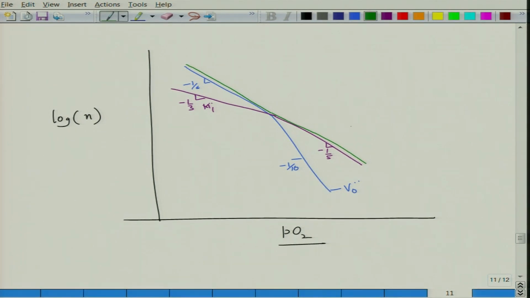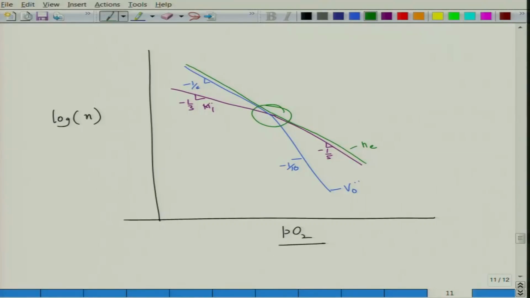So, this will be the line of Ne. That is how the electron and impurity concentrations will vary when you have mixed effects. There will be a crossover regime, and it is not perfect. This crossover region can be even more complex, but this is roughly how the defect concentration will vary as a function of partial pressure of oxygen when you have mixed presence.